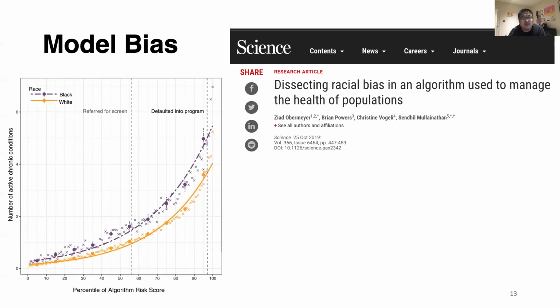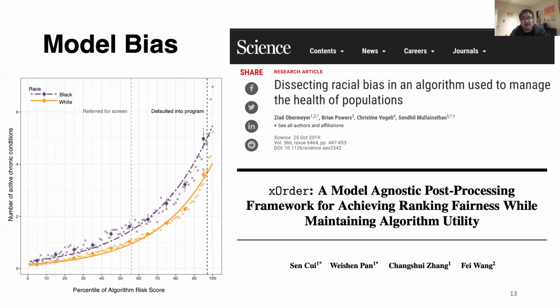And with the pandemic, it becomes even more crucial to deliver fair healthcare, so it is really important to be aware of this potential bias that could be brought in by the data or by the model, and take appropriate actions when you design the model, or adjust the model in a post hoc way.